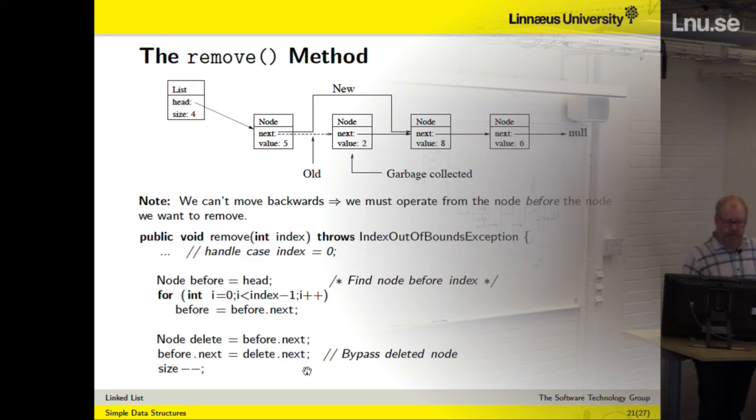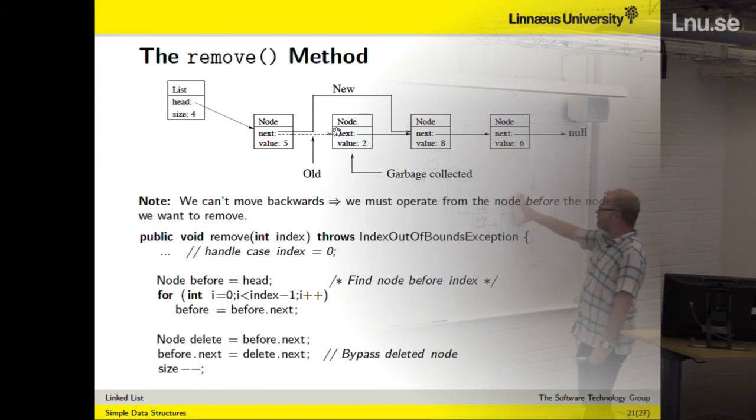And what I do down here is bypass the one to be deleted. I'm saying that the node to be deleted is before next, and before next should now be the one after the one to be deleted. Do you understand here that I'm bypassing this node? I locate the node, this one should be removed.